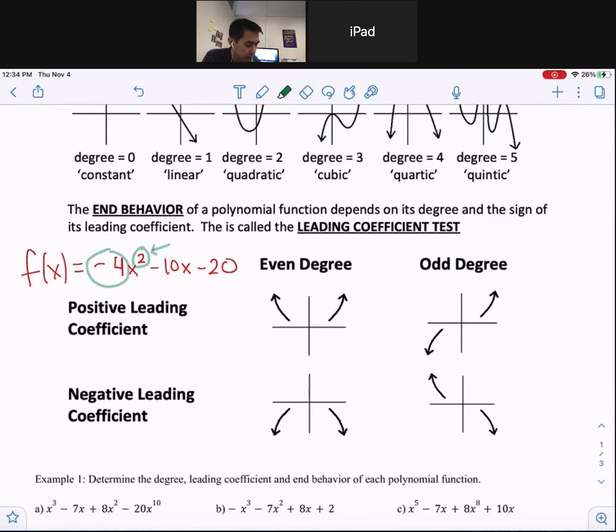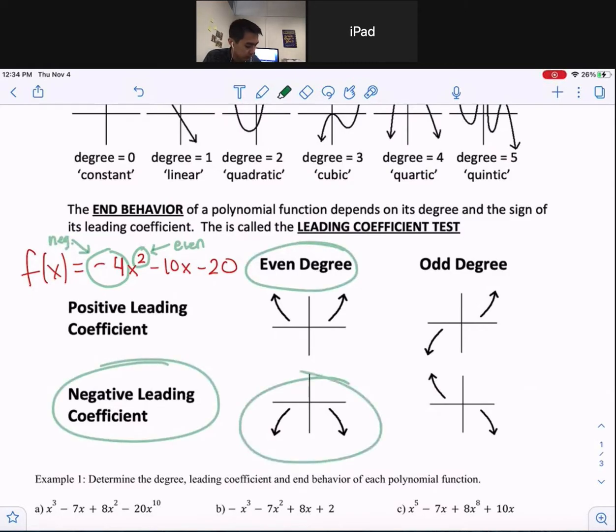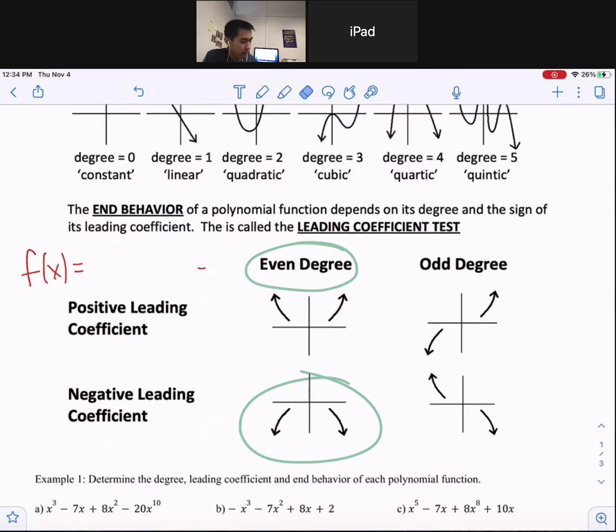So this degree, you guys, is even, and the leading coefficient is negative. So an even degree with a negative leading coefficient, you guys, so your end behavior is this one, down, down. Okay? So that's how you guys use the leading coefficient test. It helps you to determine your guys' end behavior.